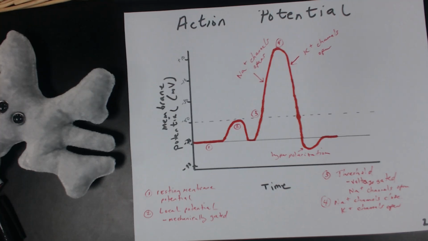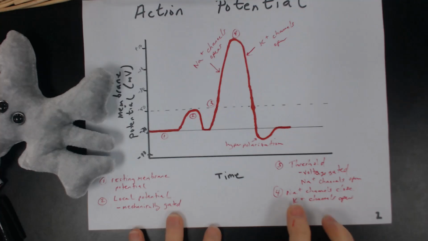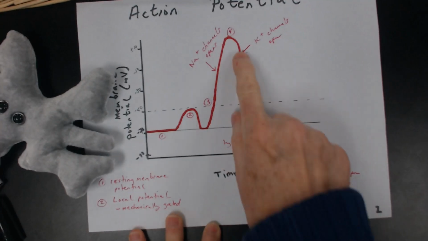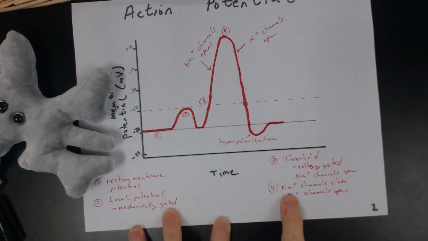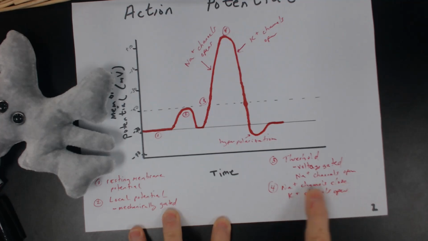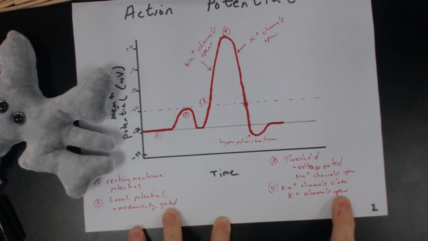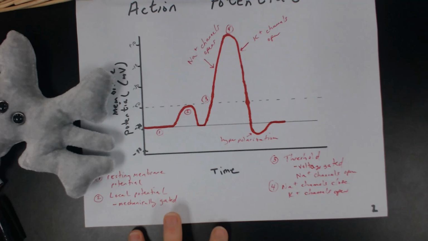Yes, so the sodium channel is closed. Okay, so at step number 4, I wrote it over here, but I didn't write it up here. So step number 4 is written down here. So here the sodium channels close and then the potassium channels open. Okay. Can you see that now? Okay.